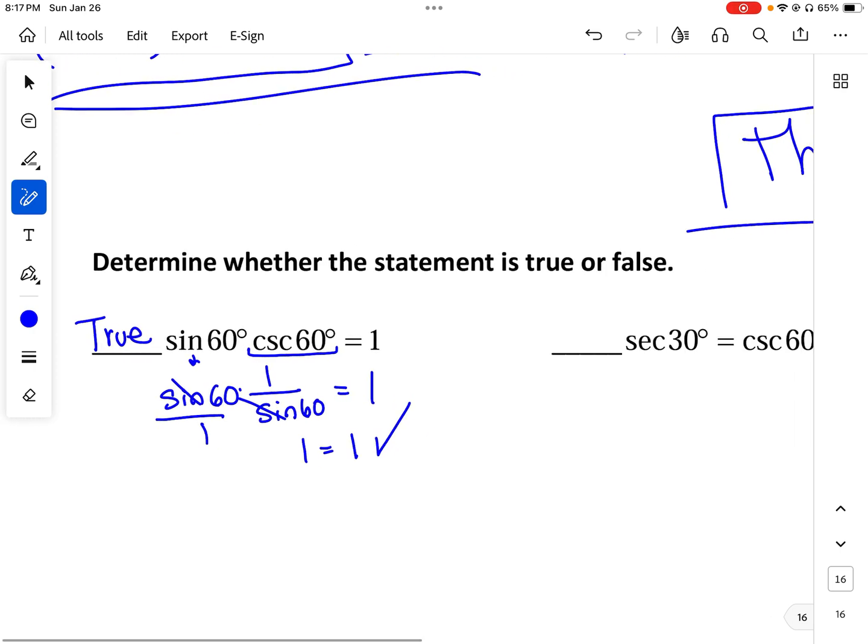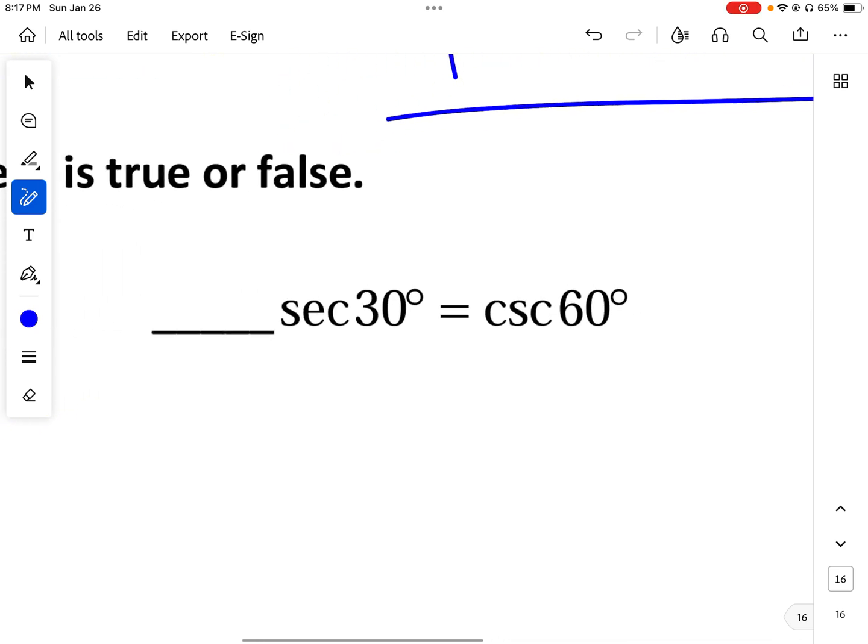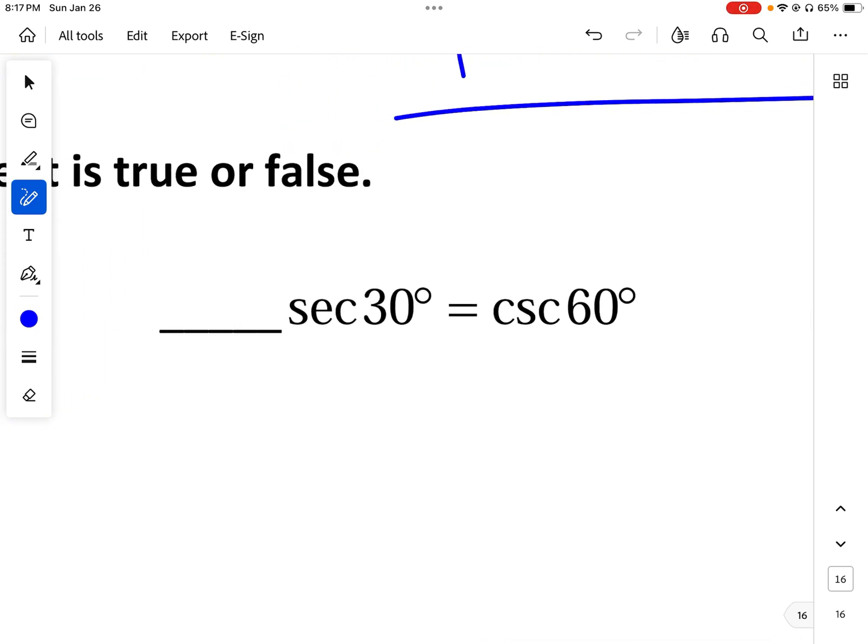Okay, let's look at the next one. Secant 30 over cosecant 60. All right. Something that we can remember is the complement.